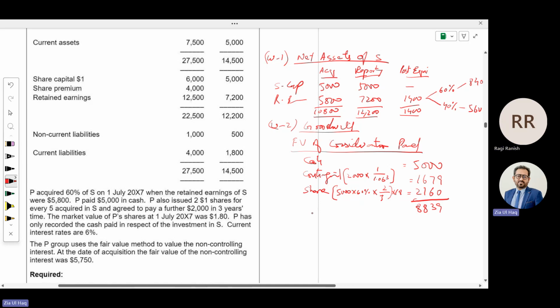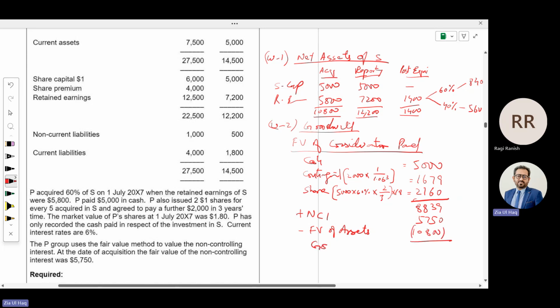So the fair value of assets acquired. How much is the fair value of assets acquired? Or you need to add first non-controlling interest as well. Non-controlling interest is given at fair value, 5,750, less fair value of assets, that is 10,800.